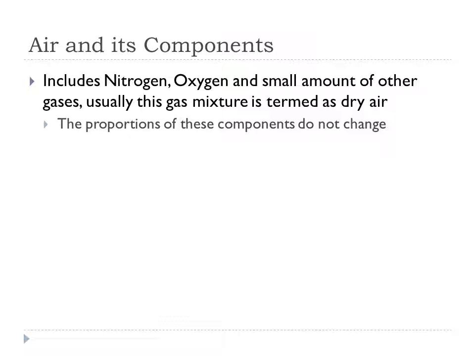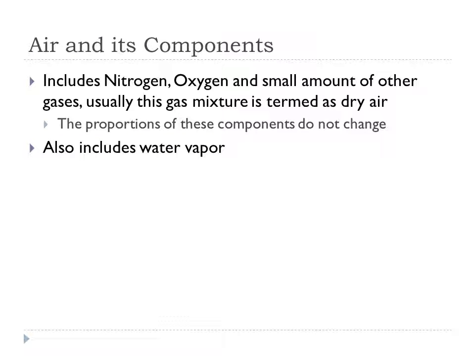Another point is that the proportion of these components of air does not change. Not changing means the gases are very far from their vapor condition, or they are not liquefied easily. That's why we call this part of air dry air.